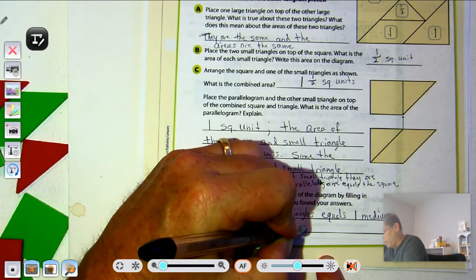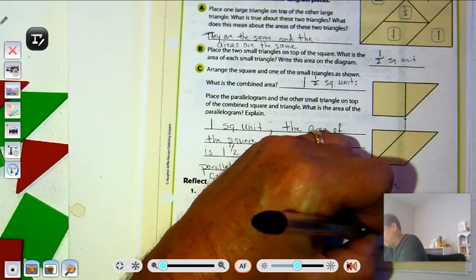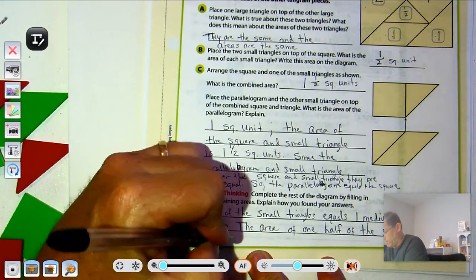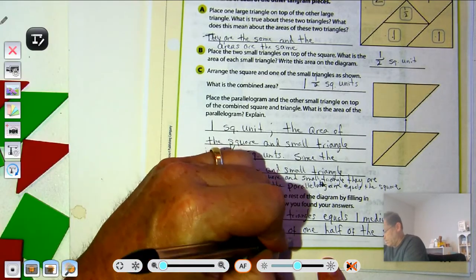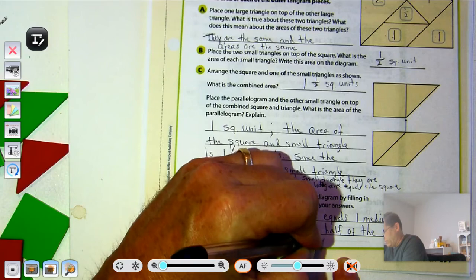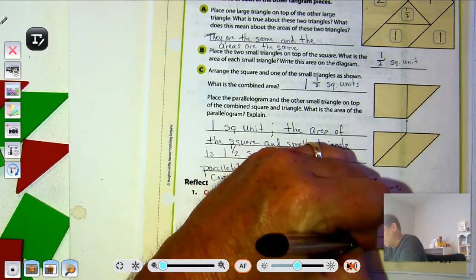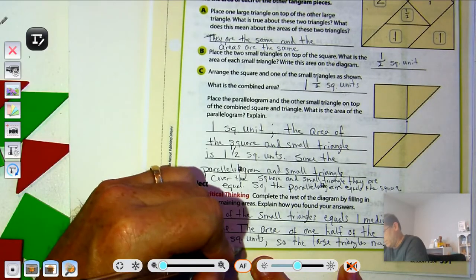The area of 1/2 of the square is 4 square units. So the large triangles must be 2 square units each.